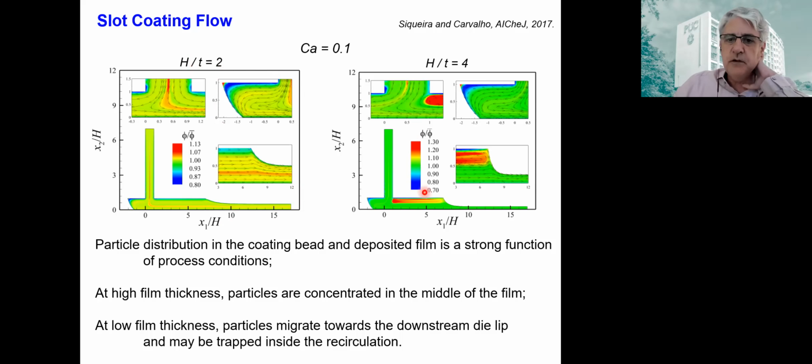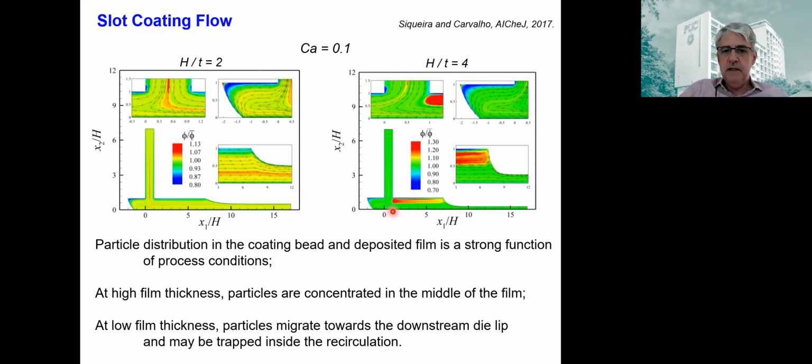However, if we change the flow rate, so if we reduce the flow rate to coat a thinner layer, now in this case, we have a gap over thickness of 4. You have a combination of a Couette and a pressure-driven flow in between the downstream die lip and the moving substrate. And there's a region of low shear rate near the die lip.